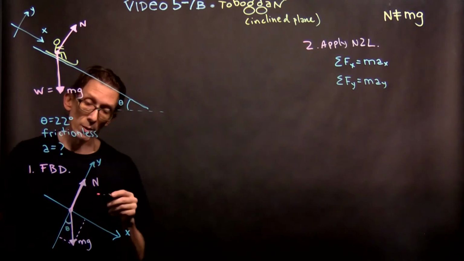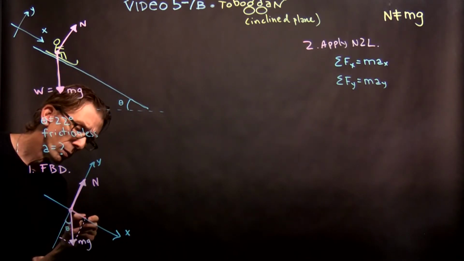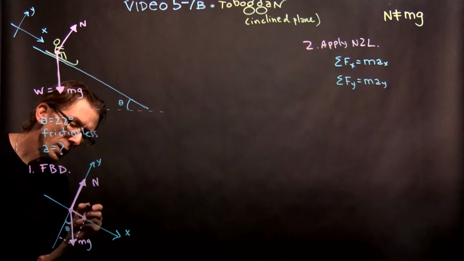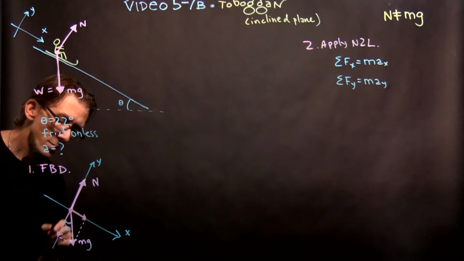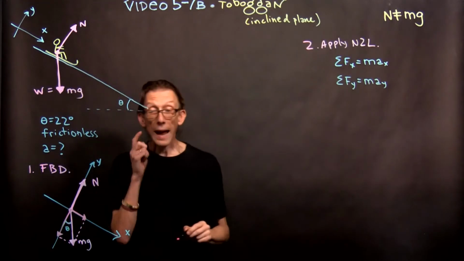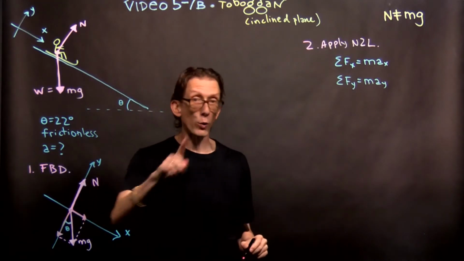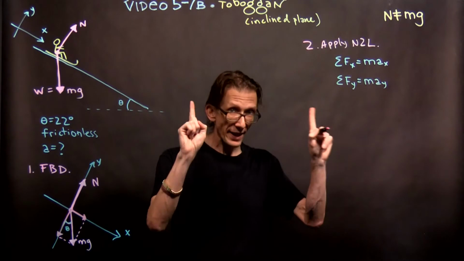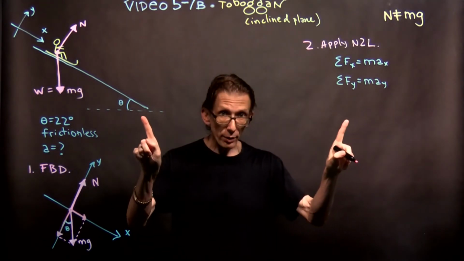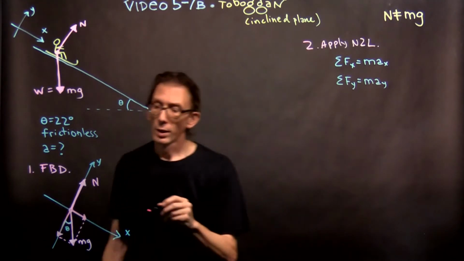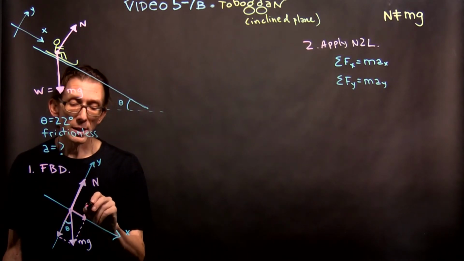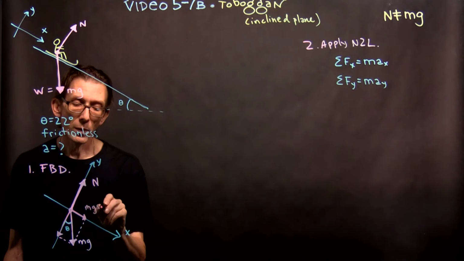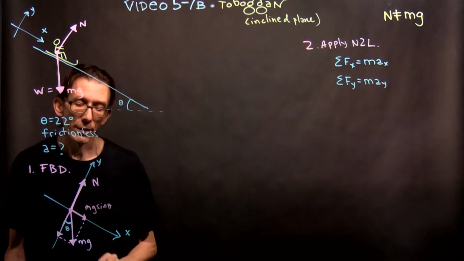And so we have an x component here, down the hill. We have the y component here. And if you use this angle, not the position angle, but this angle here, then the component in the x direction is mg sine of theta.